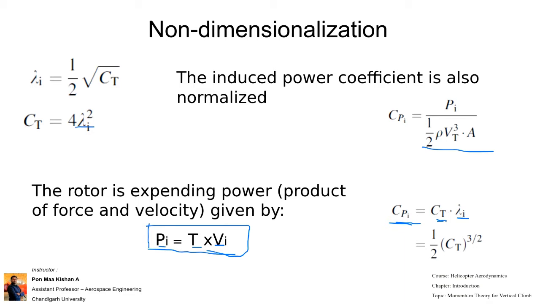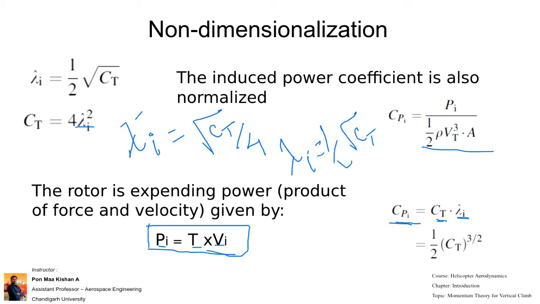So already we know that lambda, if we can calculate the lambda i also, it depends upon how we are calculating. If you are calculating the lambda i from here, lambda i will be square root of Ct by 2, that is 1 by root 2 times square root of Ct.